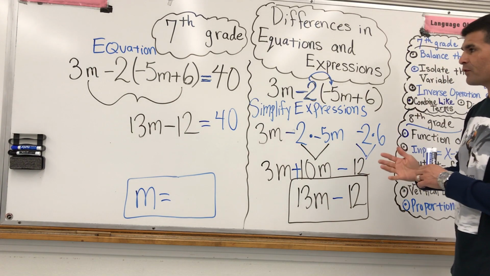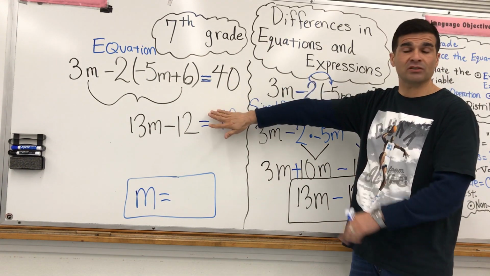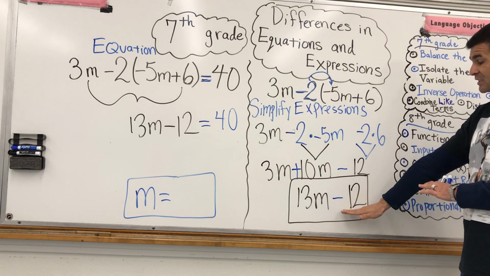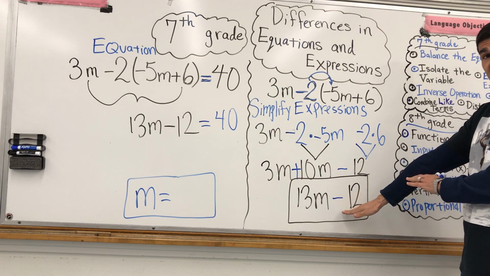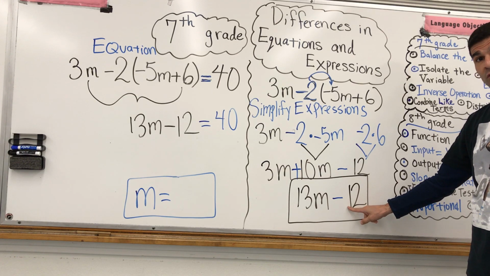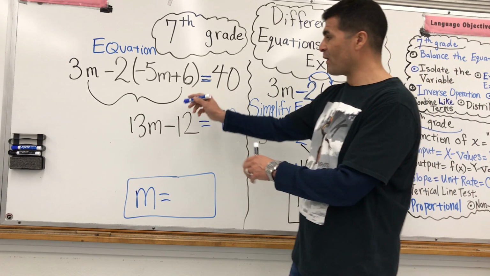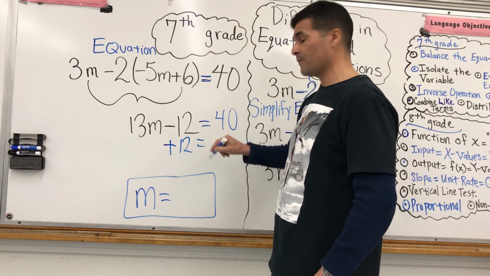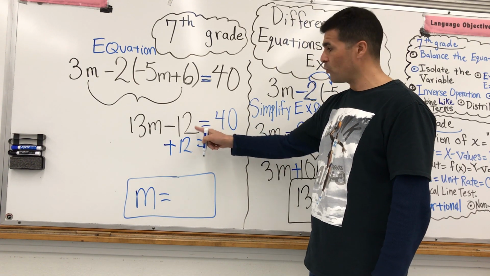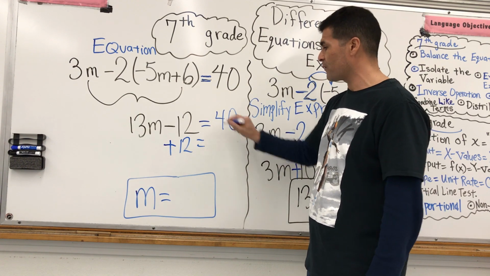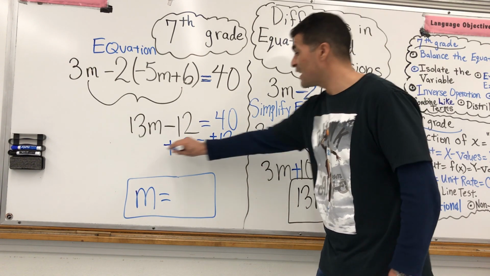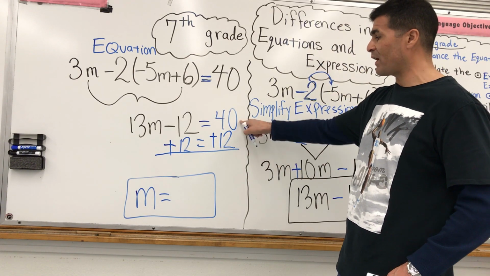So we can see the difference here: in the equation, I'm still not done. In the expression, I've been done. I've simplified the expression. This is the solution. This is what the answer looks like. In this equation, I still need to isolate the variable by adding 12. Adding 12 to the minus 12 isolates the variable, and when you add 12 to the 40, this is called balancing the equation.